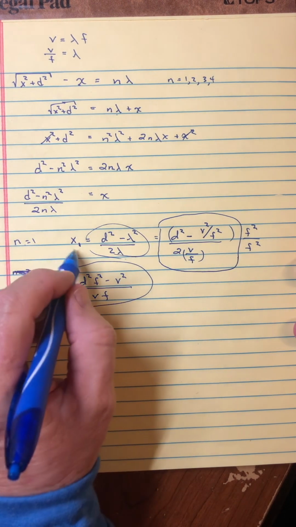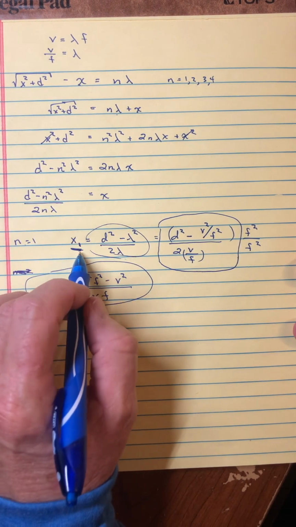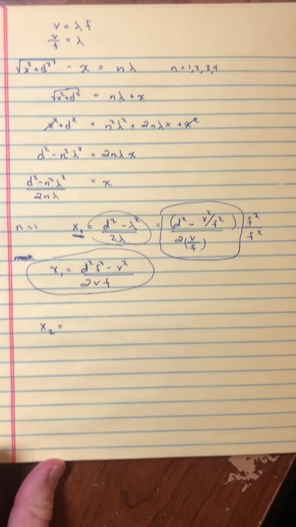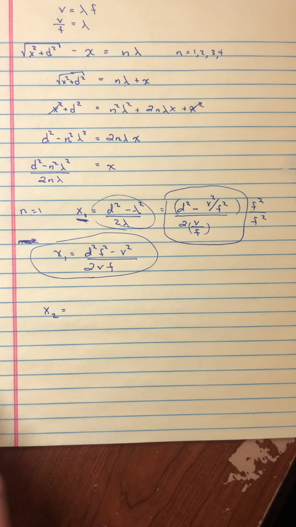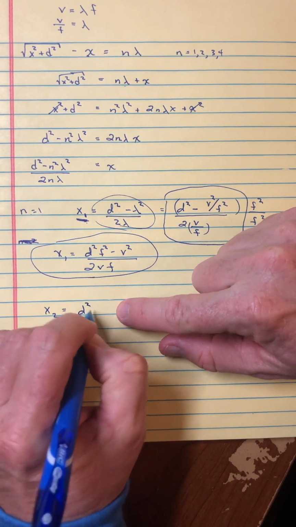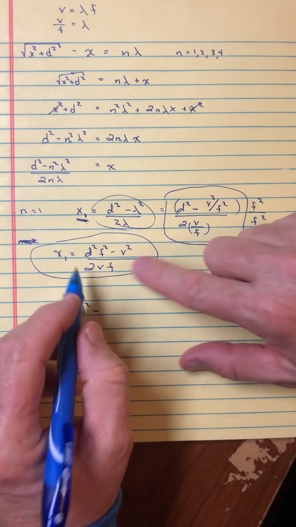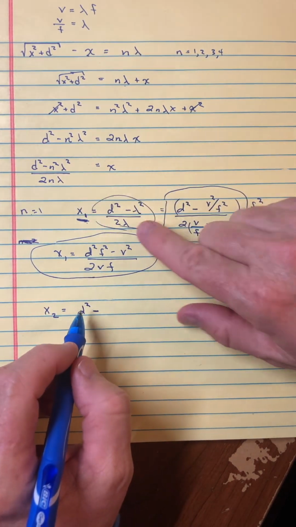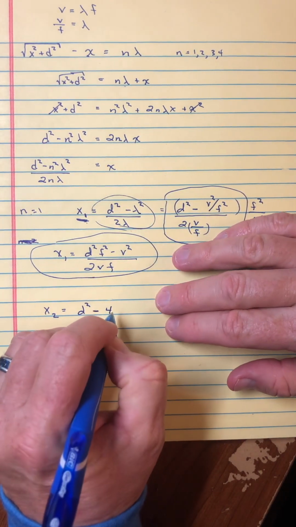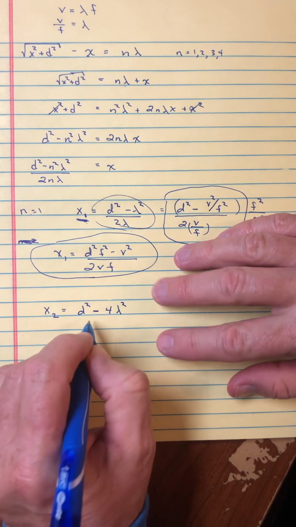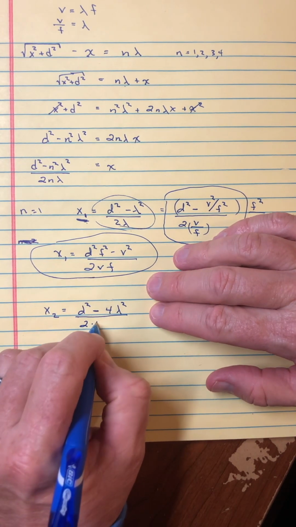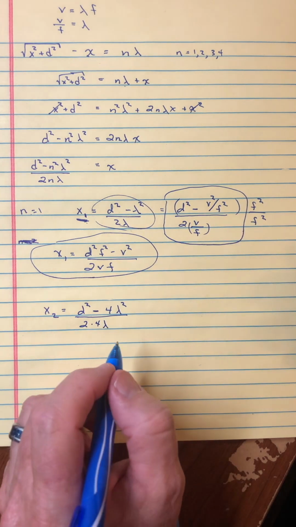But also, I think the author is kind of implying number one, but I think number two should also be discussed, because this, again, like this one here, you would have a d squared minus, and now if you have n equal 2, you would have a 4 lambda squared over 2 times 4 lambda.